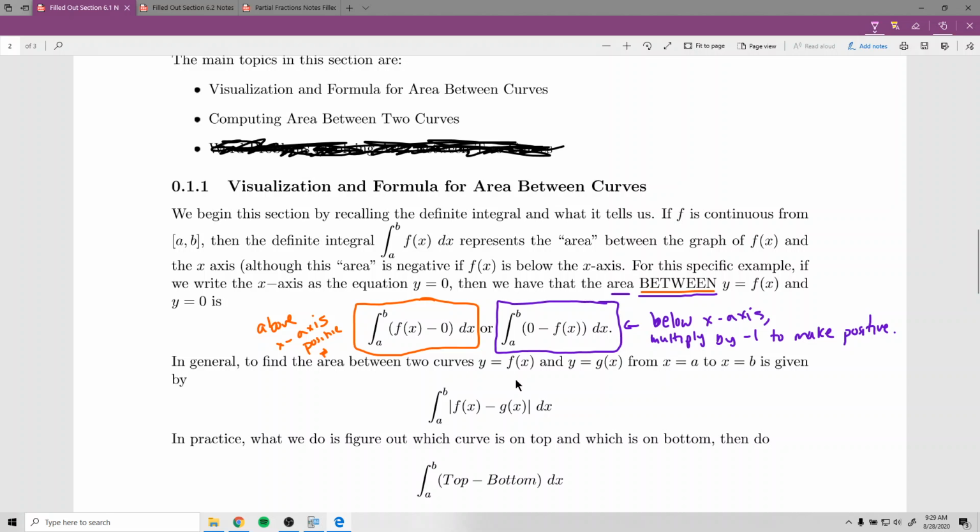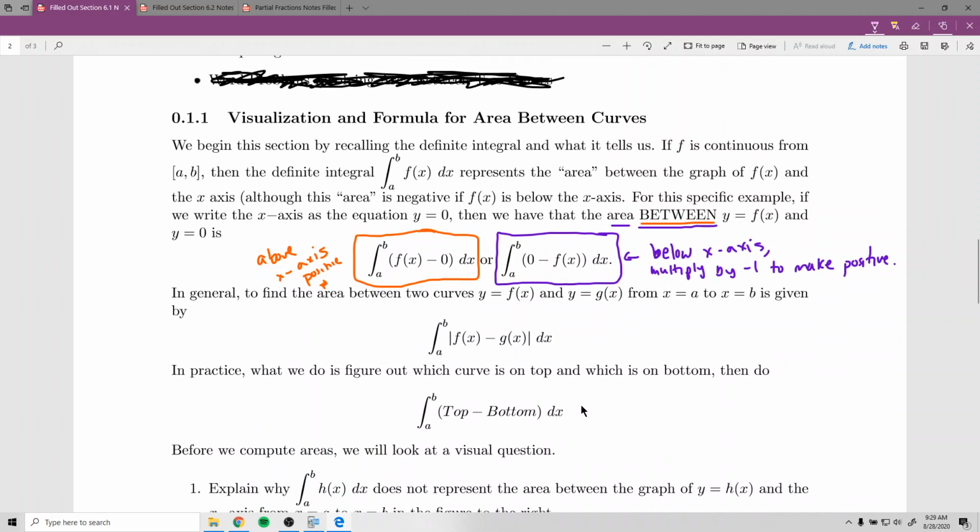Now, I think comparing this to our old stuff can be a little confusing. It's going to be easier when I explain it in words. So this next one just says this is how we can make sure the area is positive, no matter what.